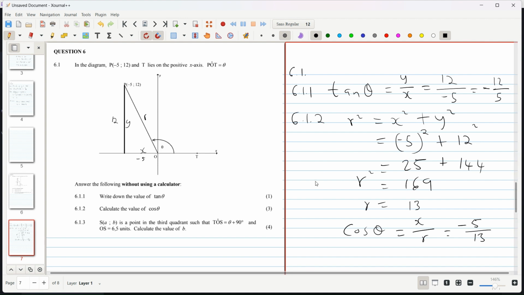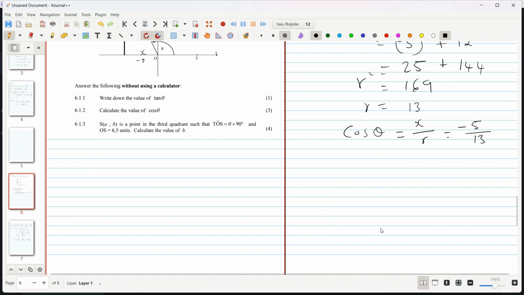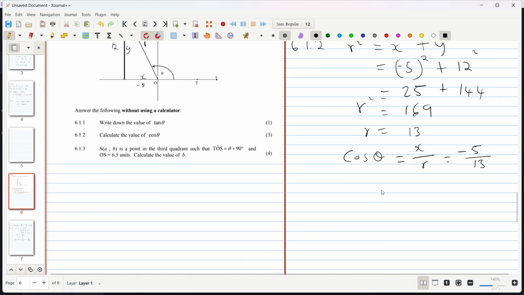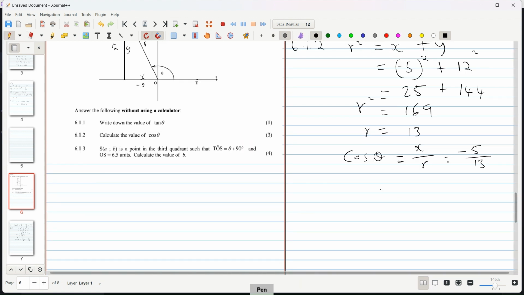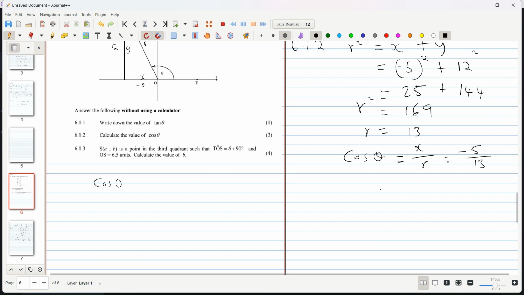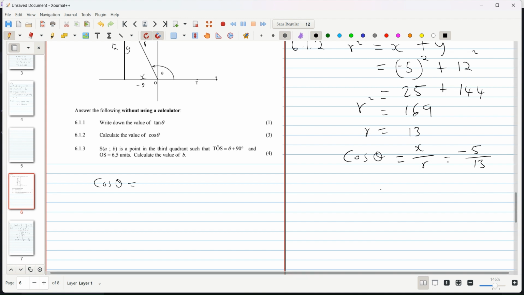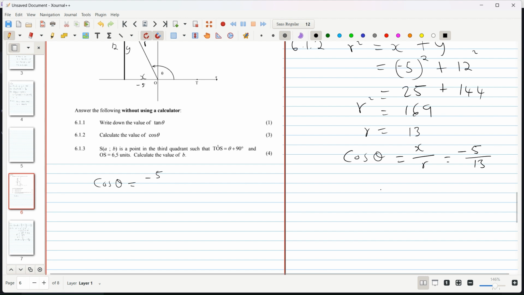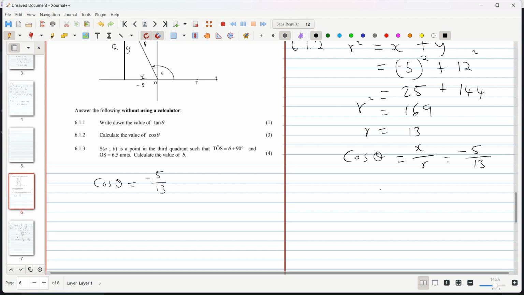That's our cos theta. Keeping that in mind, let me write our cos theta also here, because it will be important for us to use on the next question.